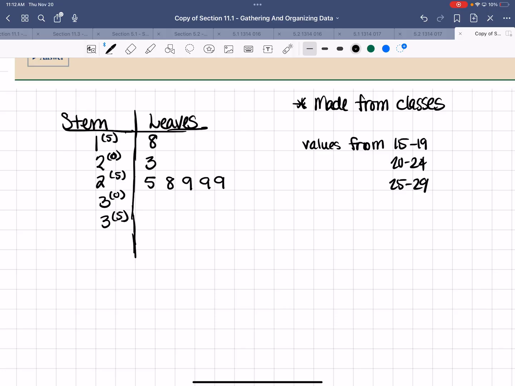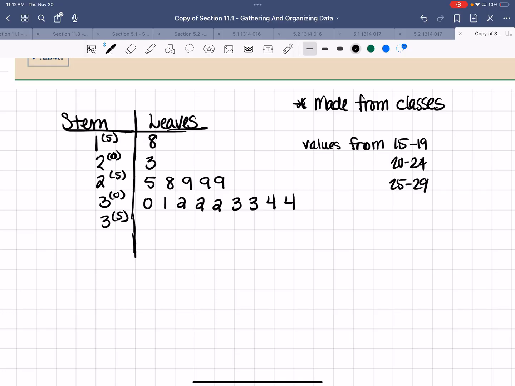So the values 30 to 34, I have 30, I have 31, 32, 32, 32, 33, 33, 34, 34. Guys, I have 1, 2, 3, 4, 5, 6, 7, 8, 9 values just between 30 and 34. Okay, if we had just listed a 3, I would already be at 9. Now I got to list everybody from 35 to 39, which there's a lot.